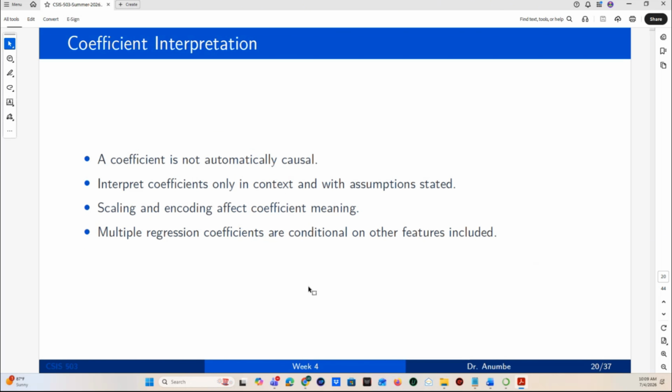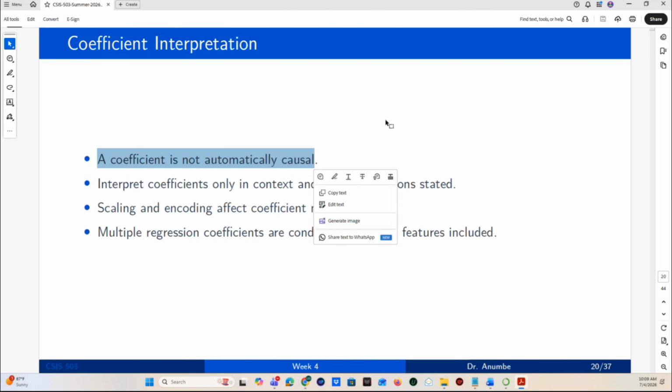So coefficient interpretation. We talked about the coefficient, and I showed you how different variables can have different weightings, right? A coefficient is not automatically causal.